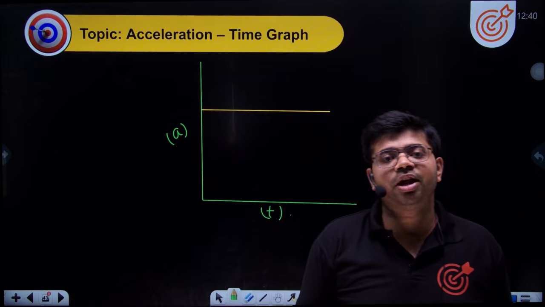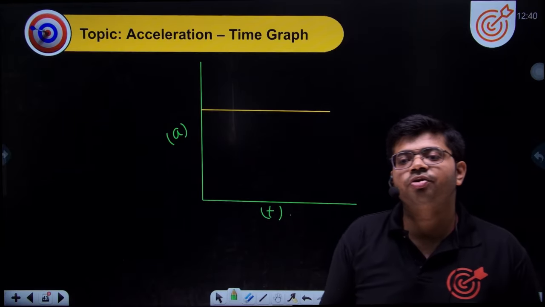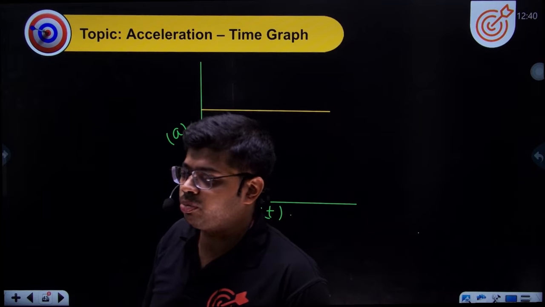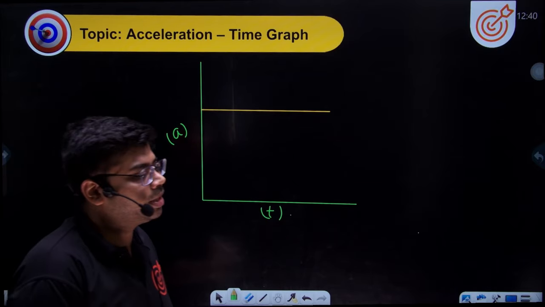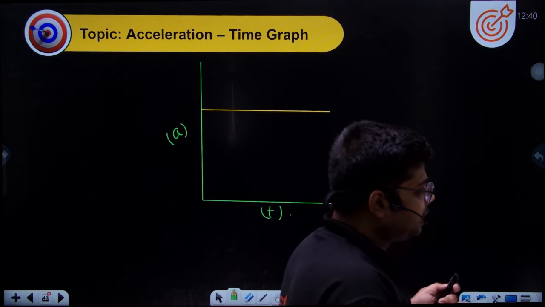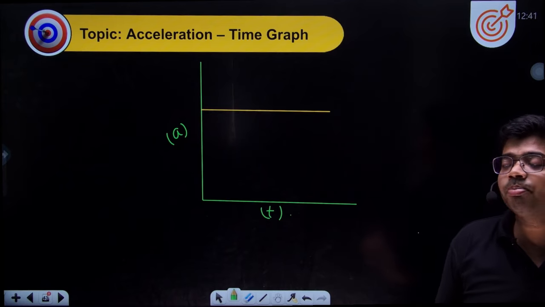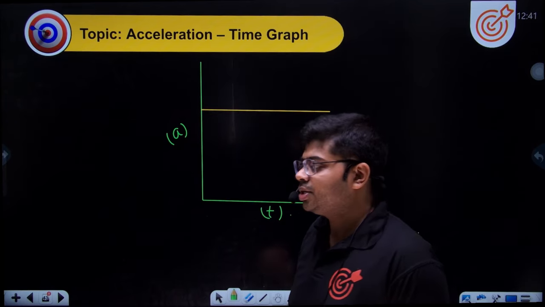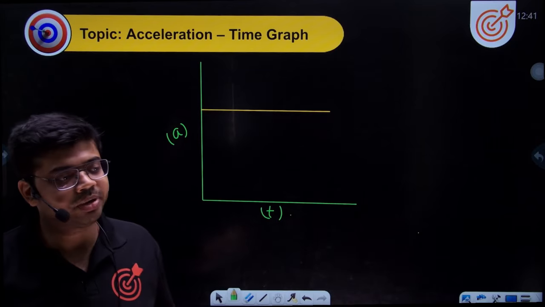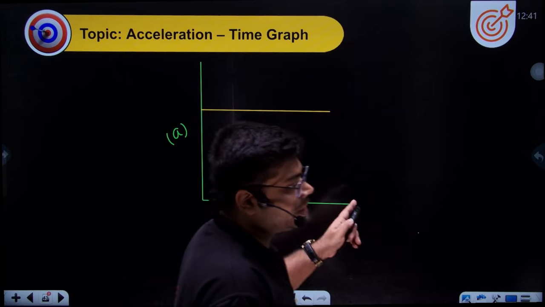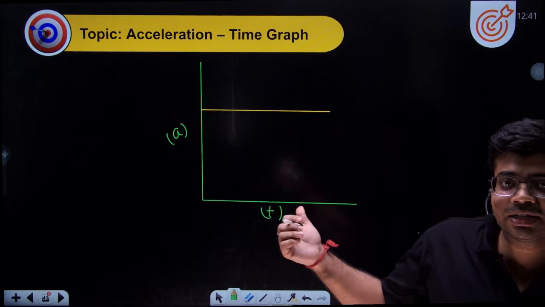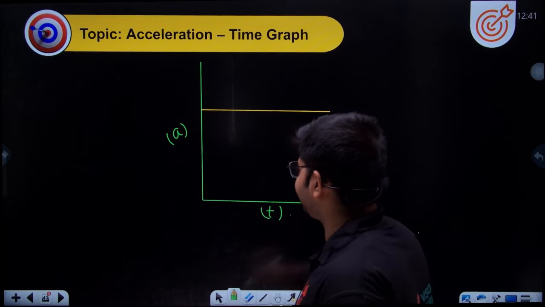And whenever the velocity changes, we are not going to call it a uniform motion. So always remember that even if any motion is having constant acceleration, that is an example of non-uniform motion only. You cannot say that it is a uniform motion, because in each and every second your velocity is changing under the action of the acceleration, right?